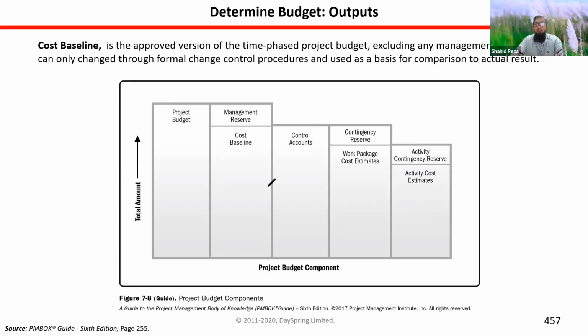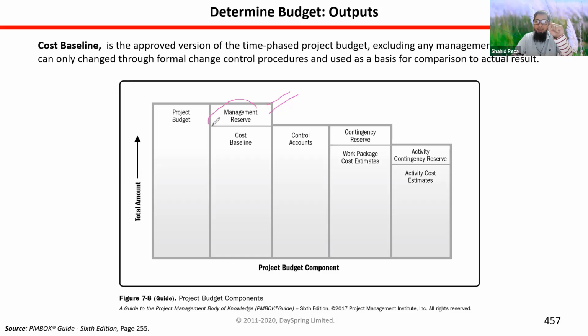If you read the difference in the table between management reserve and contingency reserve, you will see management reserve is not within the discretion or hand of the project manager.